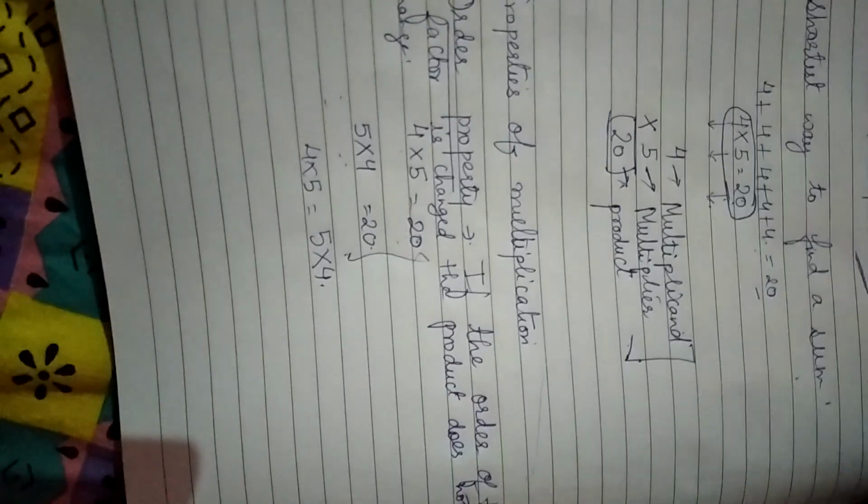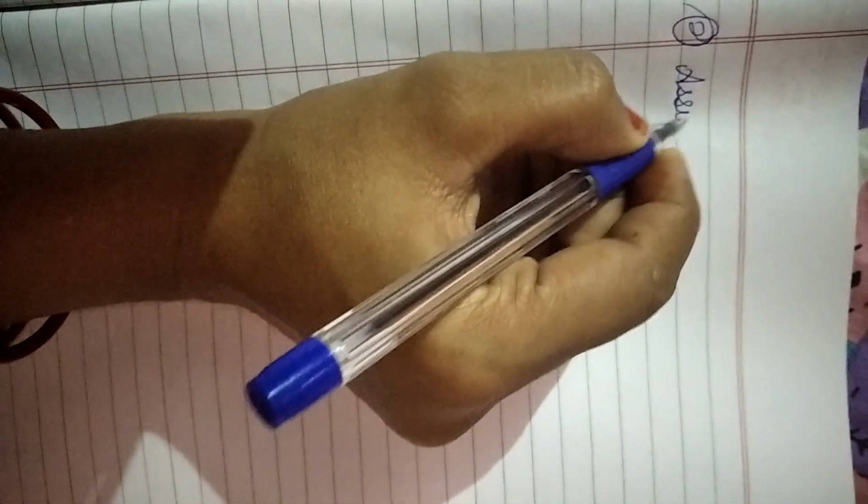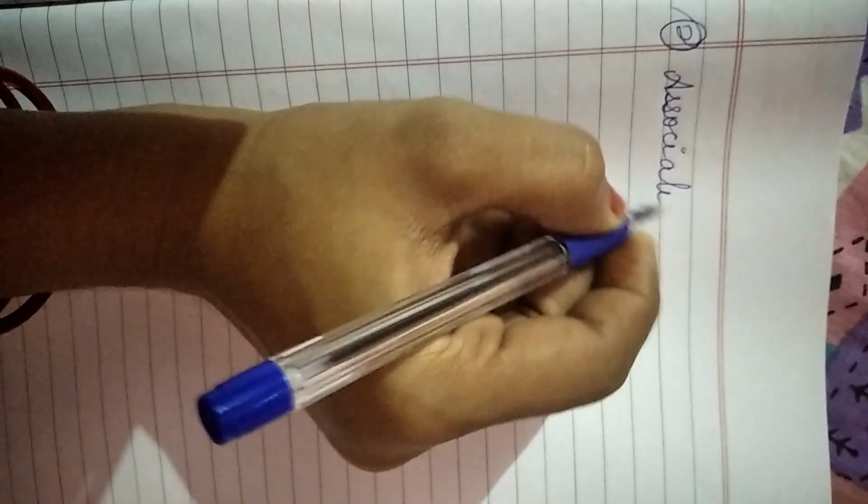So now let's see the second property. The second property that we have is the associative or grouping property. Now what happens in this property?